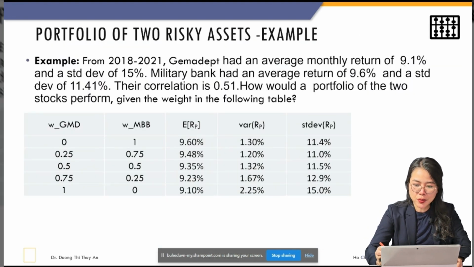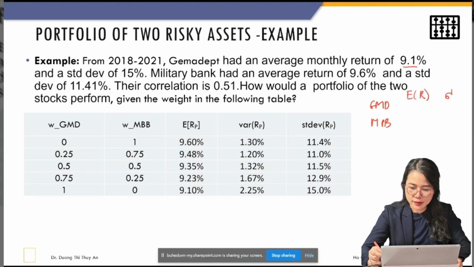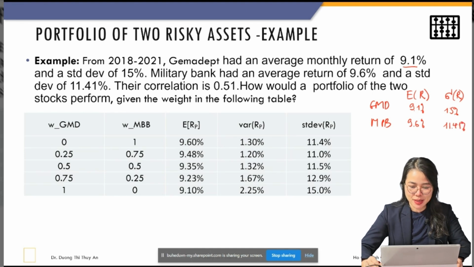The expected return and the standard deviation of the return: 9.1%, 9.6%, and this one is 15% standard deviation and 11.41% standard deviation.